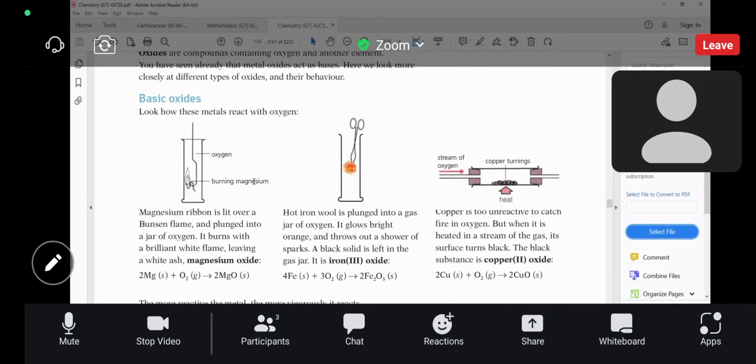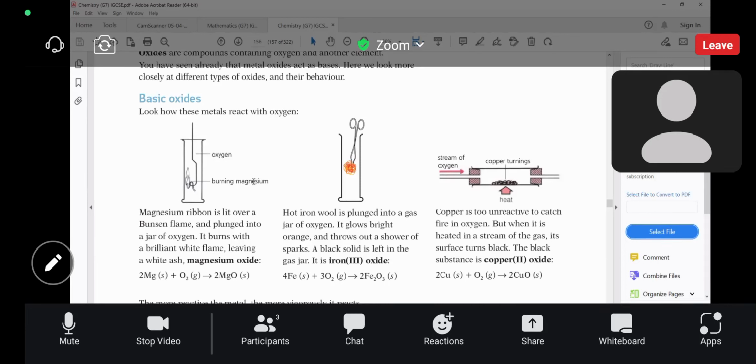So it will provide magnesium oxide. How did we derive this chemical formula? When you burn, the magnesium and oxygen get energy, and you get Mg 2 plus and O 2 minus. So here 2, here 2, and by exchanging, magnesium oxide comes.